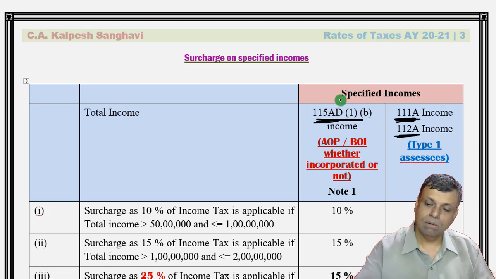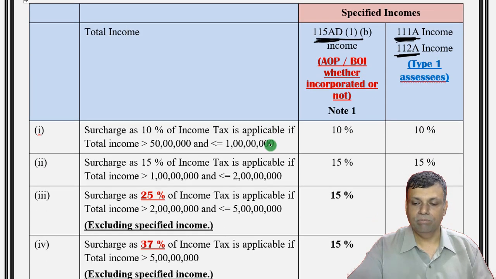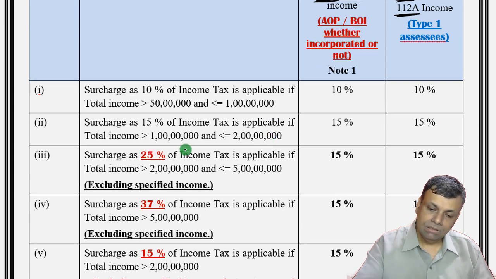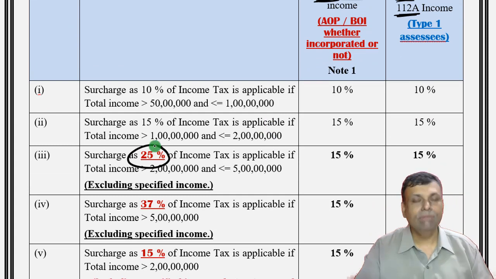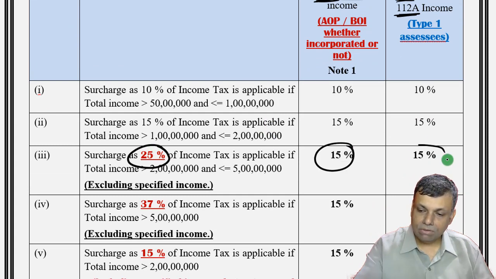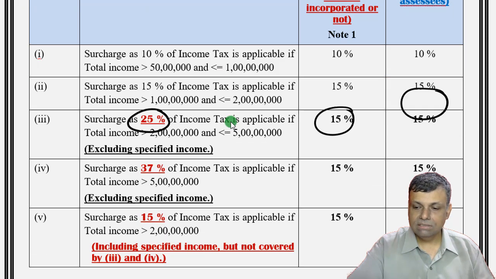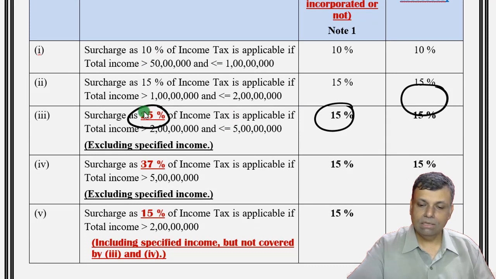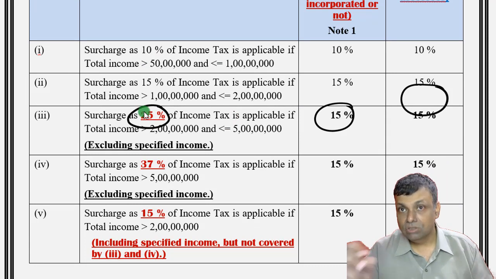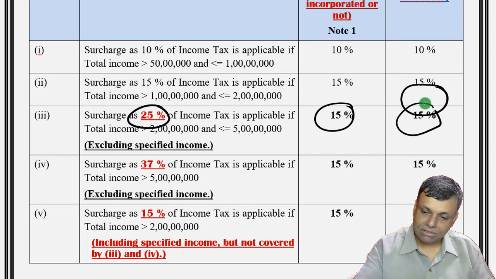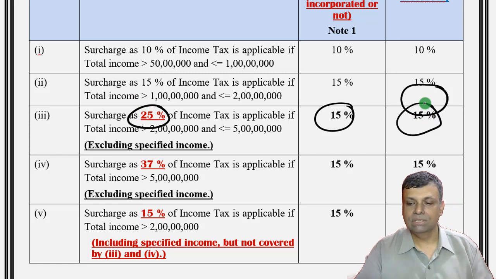So for these types of income, it has been clarified that where it was normally 25%, for this type of income, that means whatever is the tax on this particular type of income, the surcharge rate, because this is only the surcharge clarification, will be 15%.